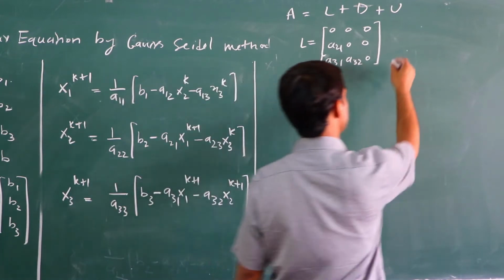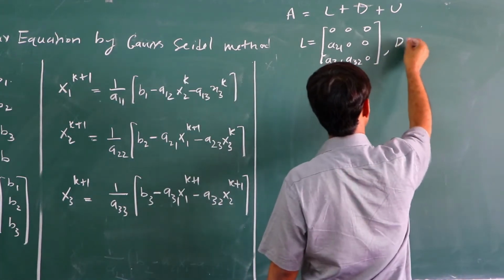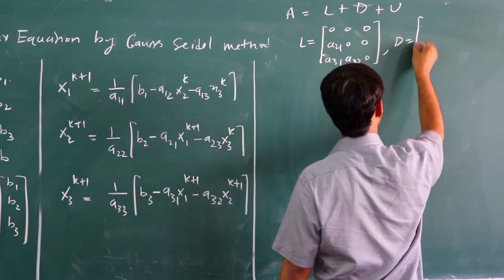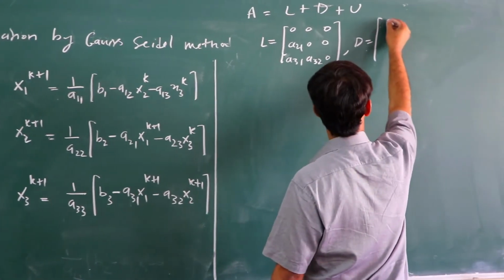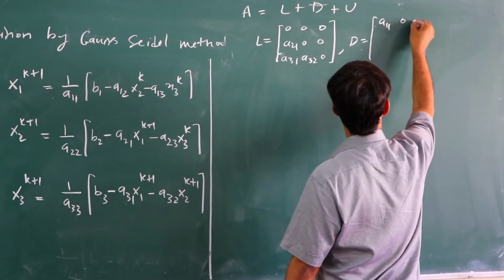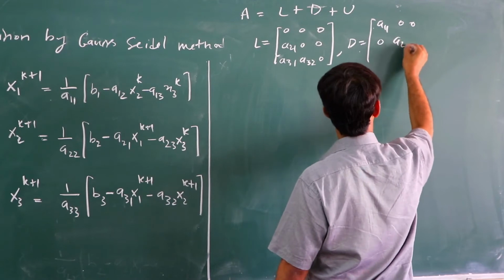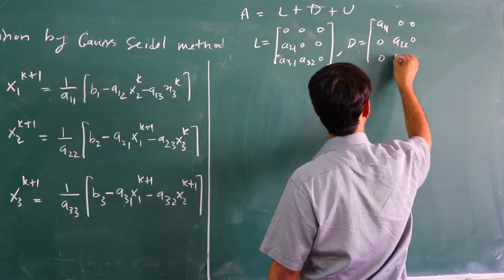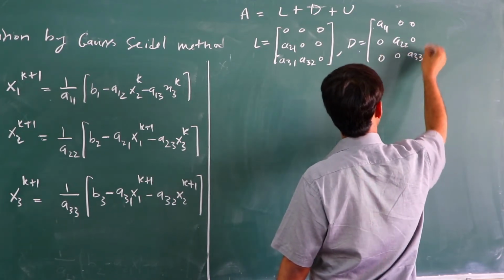And D is a diagonal matrix. So what is the value of this? A11, 0, 0, 0, A22, 0, 0, 0, A33.